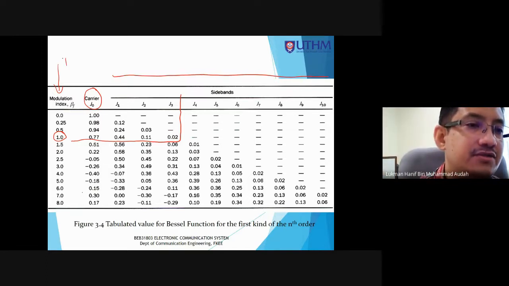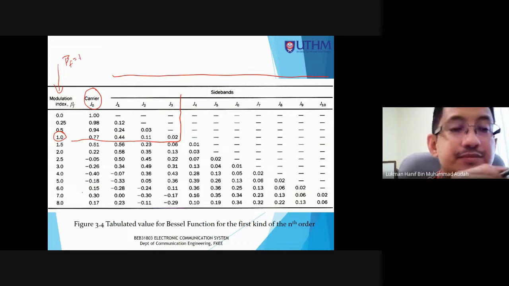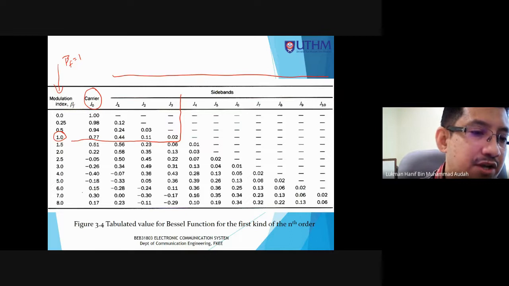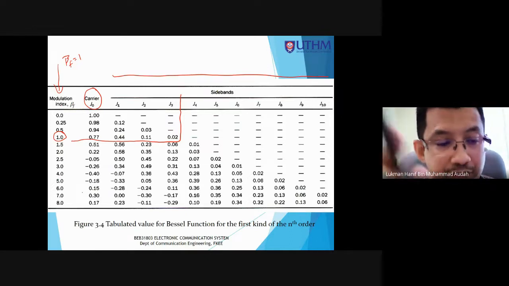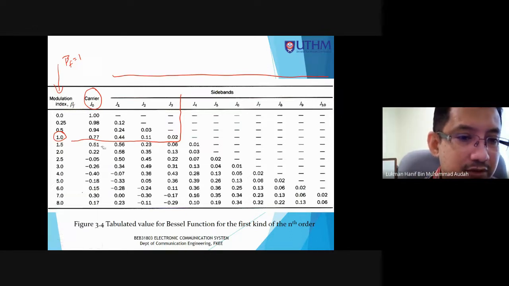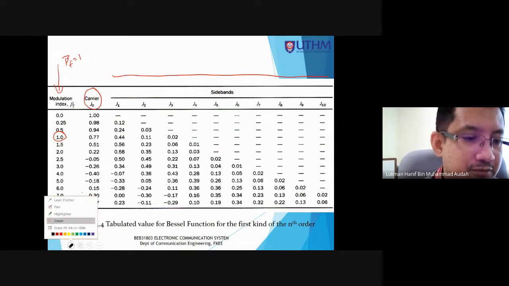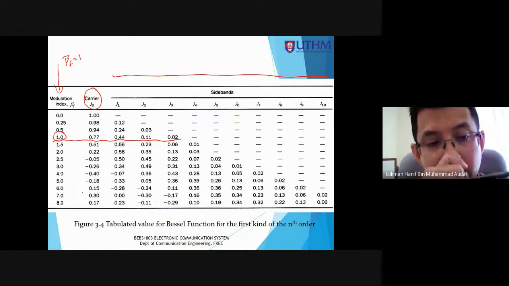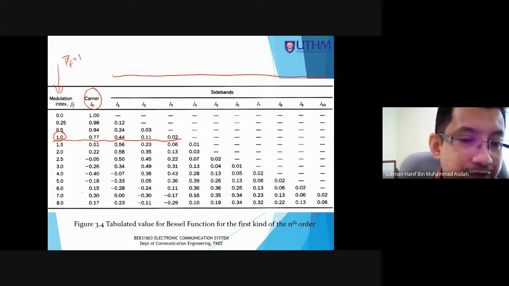Given beta is equal to 1 in the question, I need to find where beta equals 1. From this table, beta equal to 1 is this row. This row shows that there are 4 components.